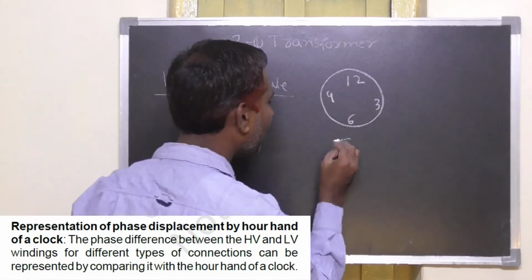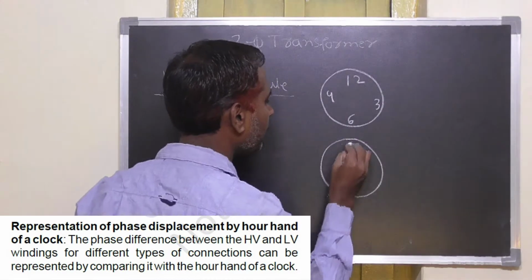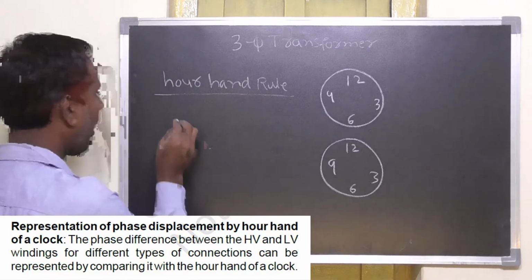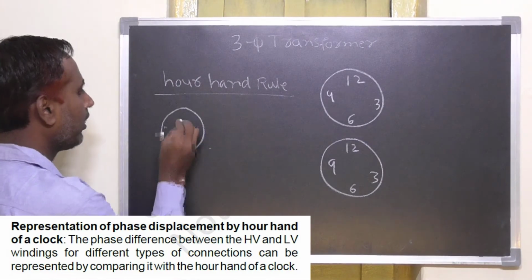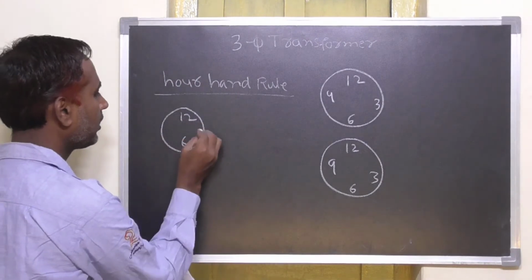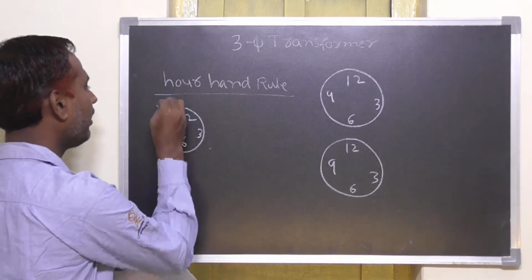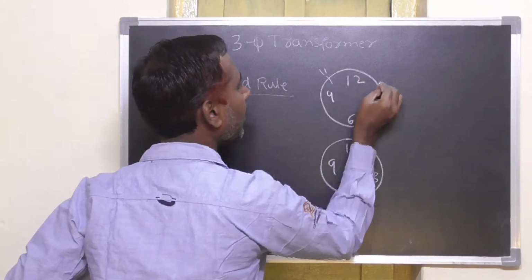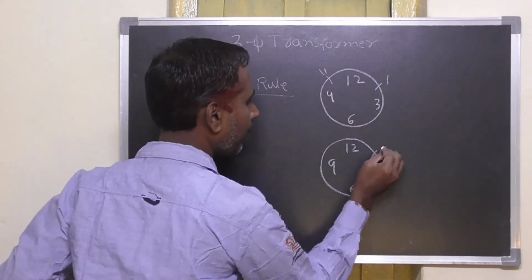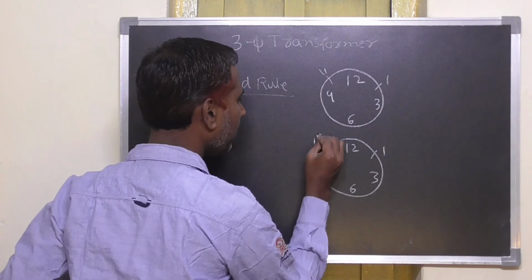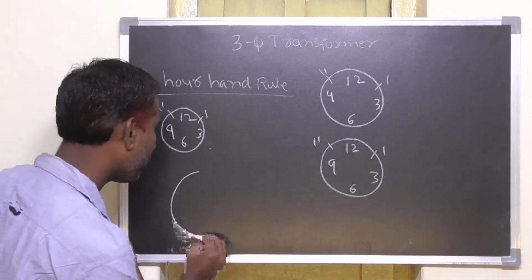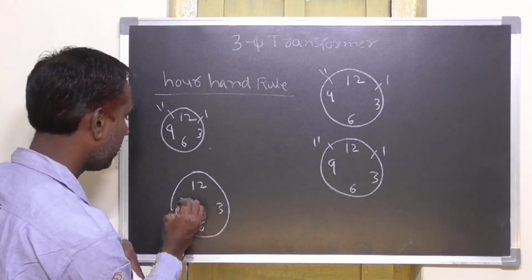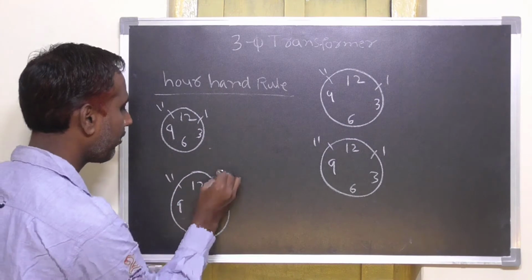I will take one more clock, same 12, 6, 3, 9. Here 11, here 1. I will take one more clock, 6, 3, 9, here 11, here 1.